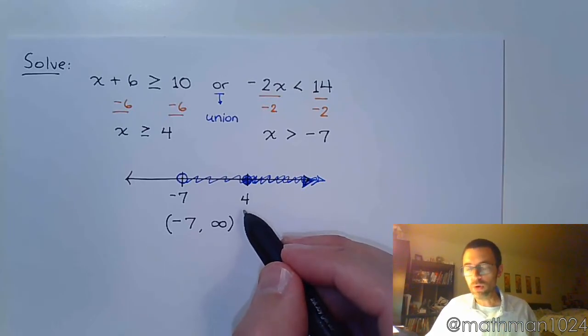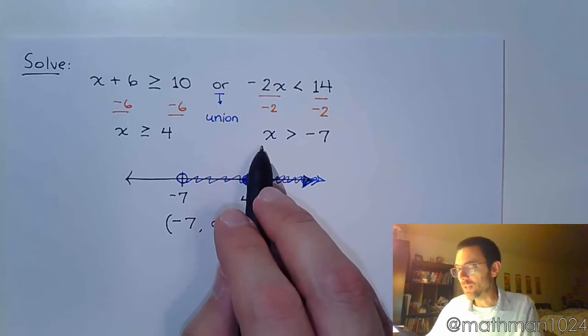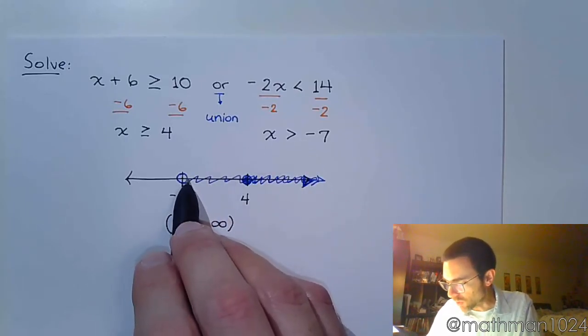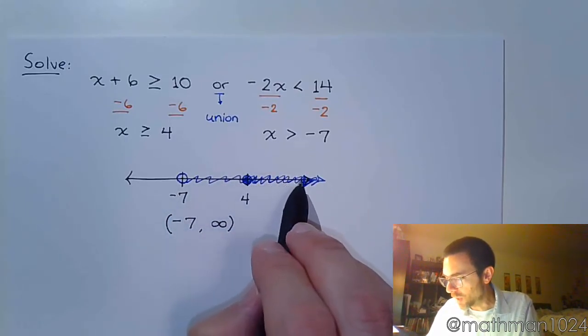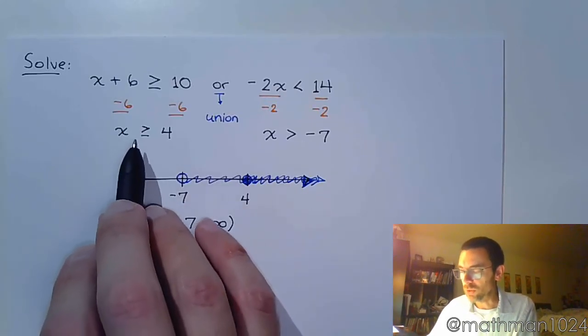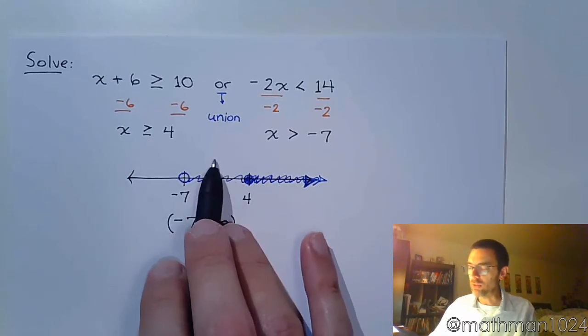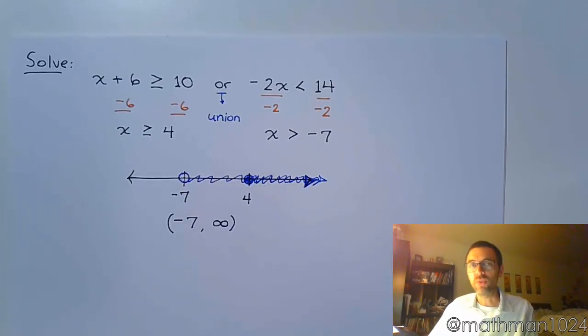Aren't you stopping at 4? I'm not. Because this one right here that says x is greater than -7 keeps on going and going. What is actually happening is that the solution set here is a small subset of the larger one formed from x is greater than -7. So we say from -7 to infinity, and that's it.